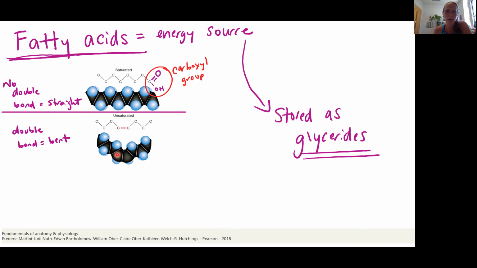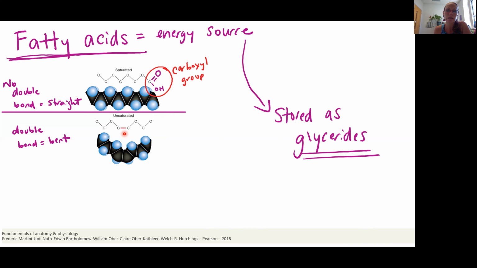And going back to saturated fats, these are typical in animals. These are your semi-solid fats. Your oils, like in plants and fishes, are unsaturated fatty acids. And unsaturated fatty acids have a double bond. They may have just one, like what's represented here, or they can have multiple double bonds.